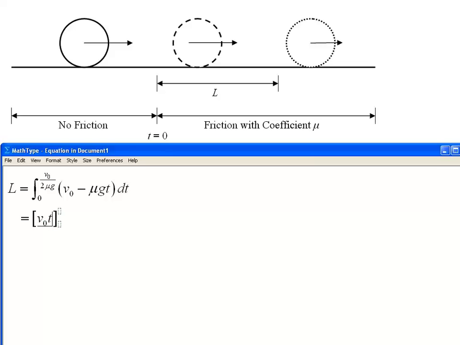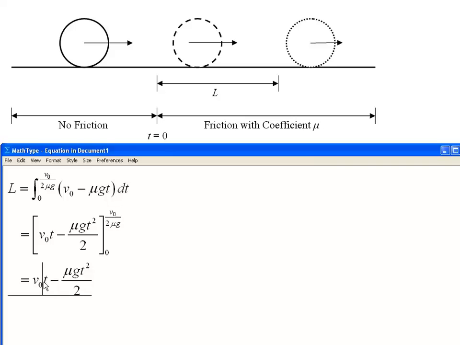Evaluating this expression, we get v naught t minus mu gt squared divided by 2 from our limits of 0 to the upper limit. Evaluating this expression, we plug the limits in.